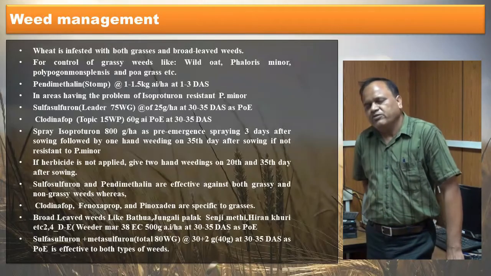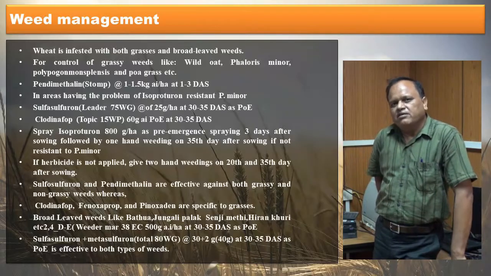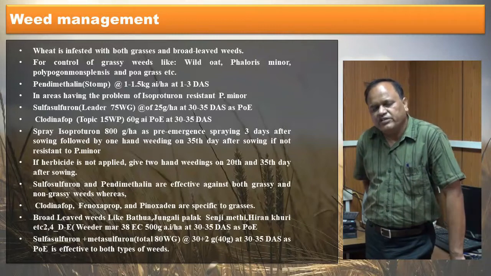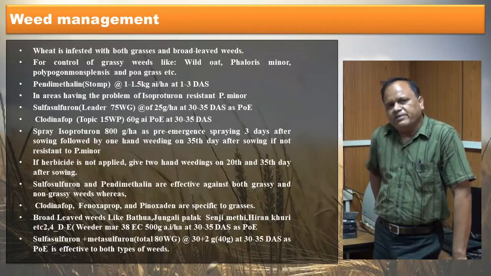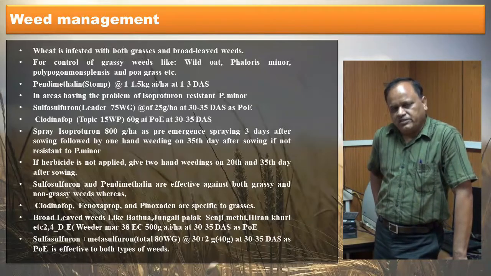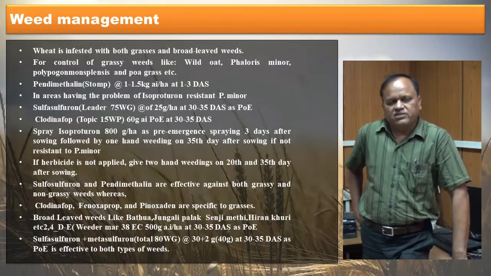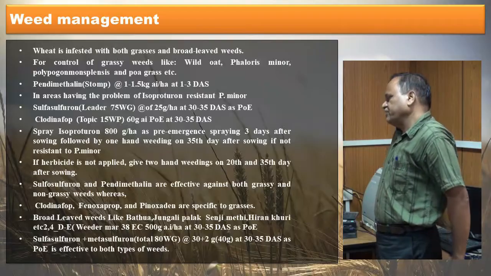Isoproturon is a very good herbicide which controls Phalaris minor, but nowadays in the Indo-Gangetic plain it has been found that Phalaris minor has become resistant to isoproturon. But in the case of Jharkhand, we can use isoproturon very effectively, and it controls the weed.